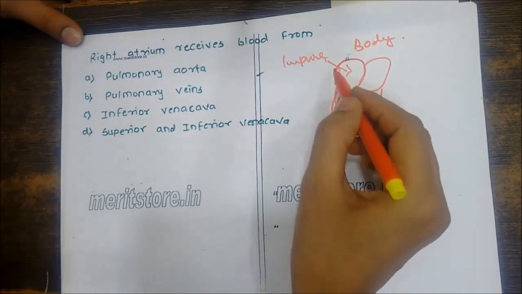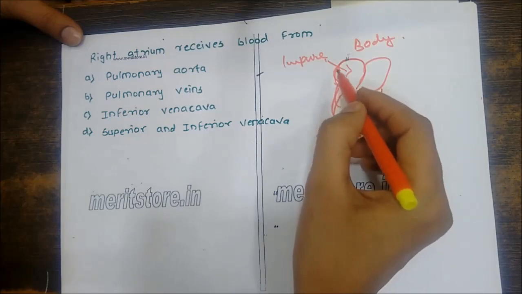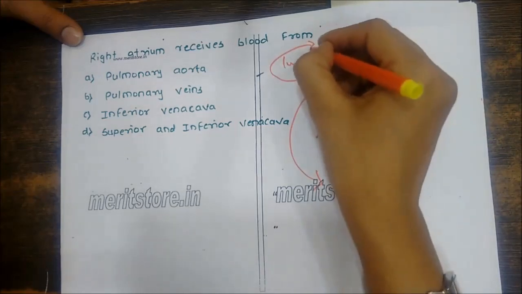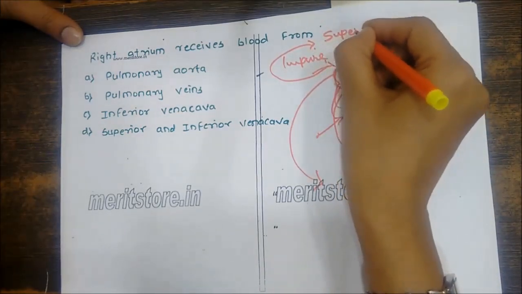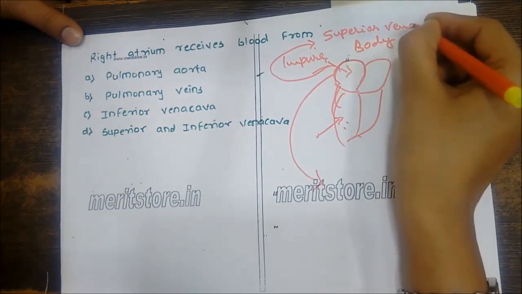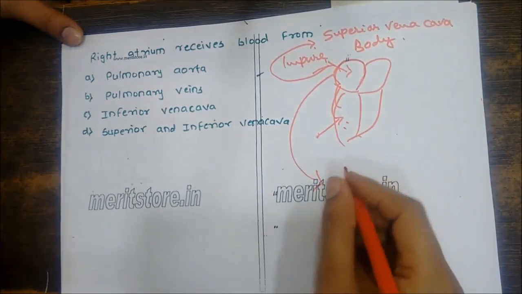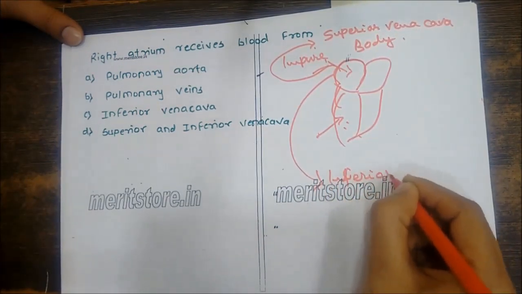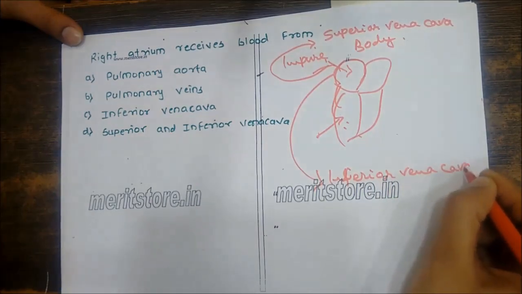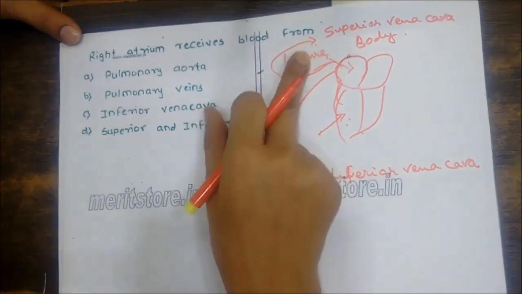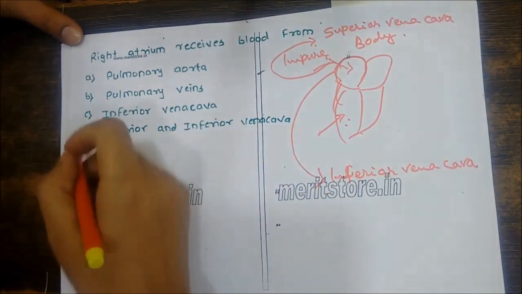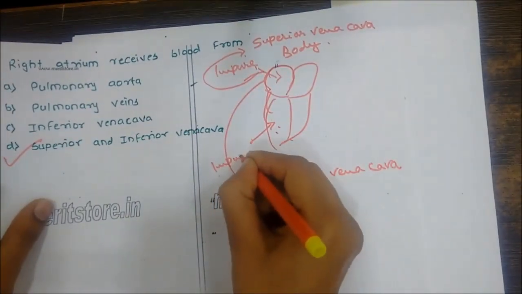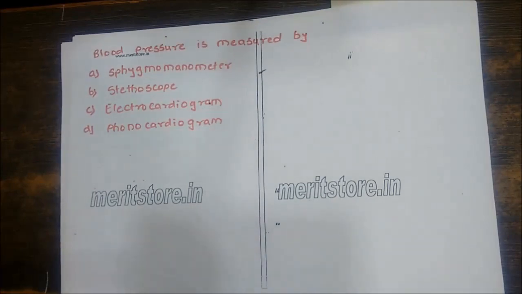The right atrium will get the blood from the upper part of the body and the lower part of the body. From the upper part it will come from the superior vena cava, and from the lower part it will come through the inferior vena cava. So the right atrium receives blood from the superior and inferior vena cava, that is D. Here the blood is impure.